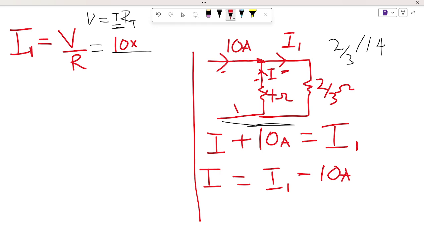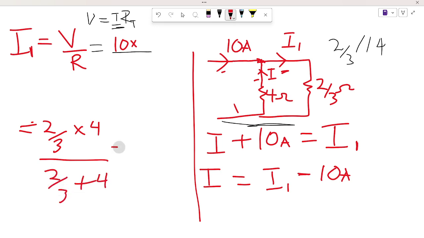So we have 2 over 3 times 4, divided by 2 over 3 plus 4, and it should give us a final result of about 0.5714. That's what we're expecting. So that's our total resistance.